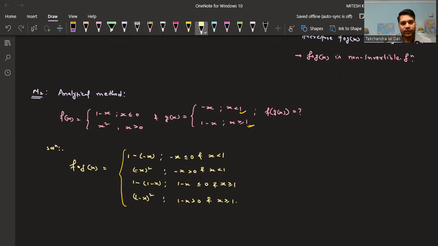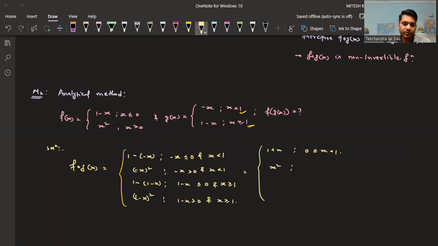Now we'll find the intersections and write the functions. This is 1 plus x. What is the intersection of these two? This is x greater than or equal to 0, and multiplying by minus 1 on both sides, this is x less than 1. So clearly this is x between 0 and 1. Now this is x square. Can you find the intersection here?